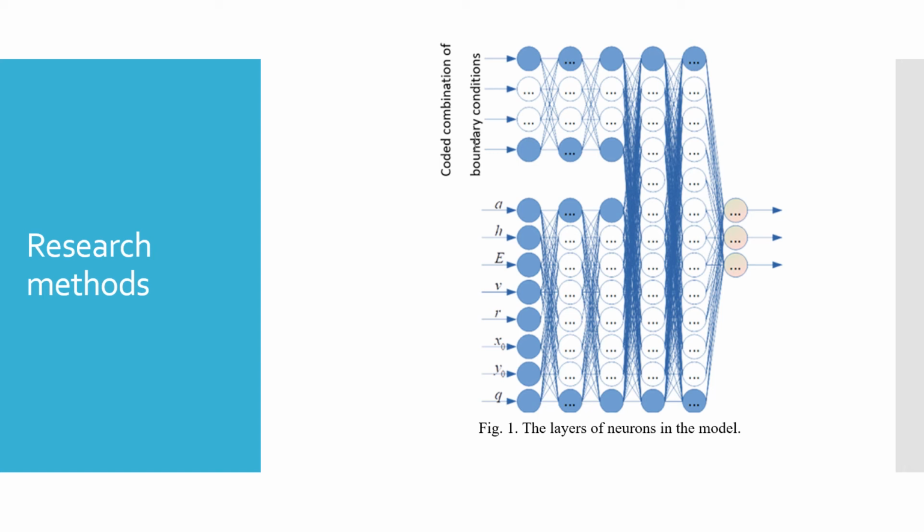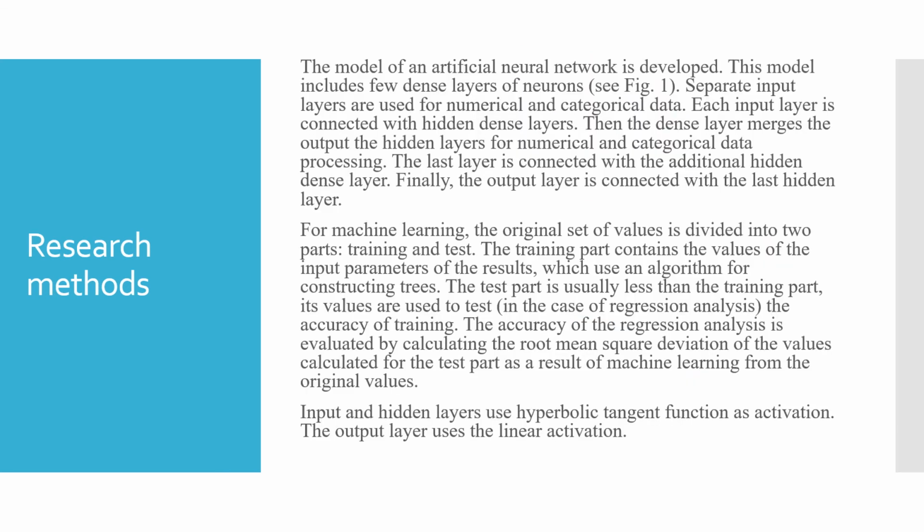Its values are used to test, in the case of regression analysis, the accuracy of training. The accuracy of the regression analysis is evaluated by calculating the root mean square deviation of the values calculated for the test part as a result of machine learning from the original values.